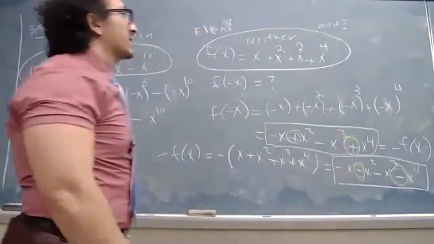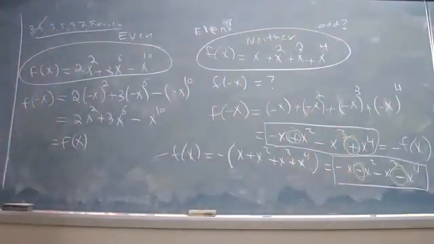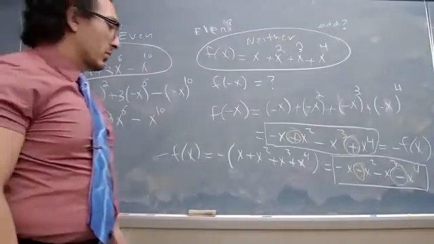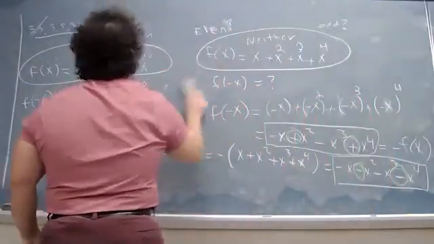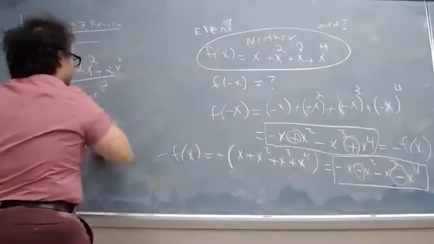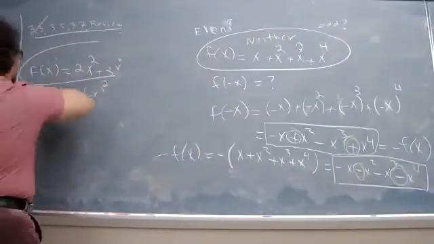And you can have one that's neither. This one is neither even nor odd, because we've shown it can't be odd, since it doesn't match up with what it should be.